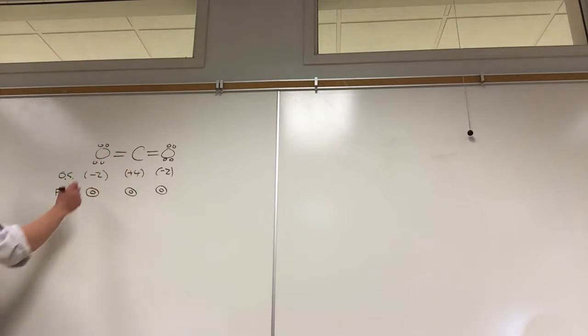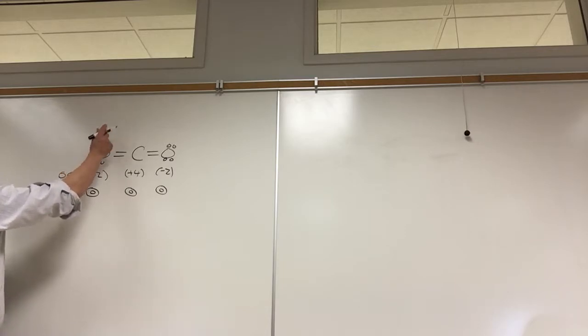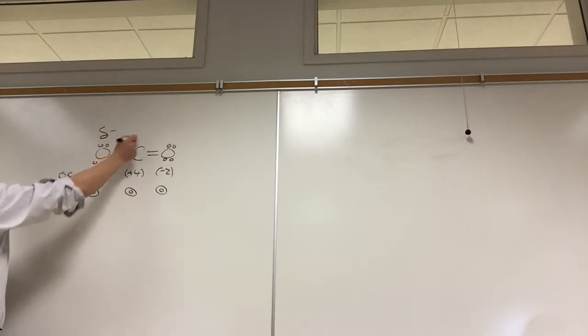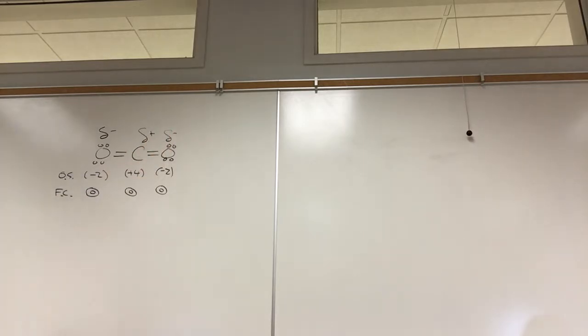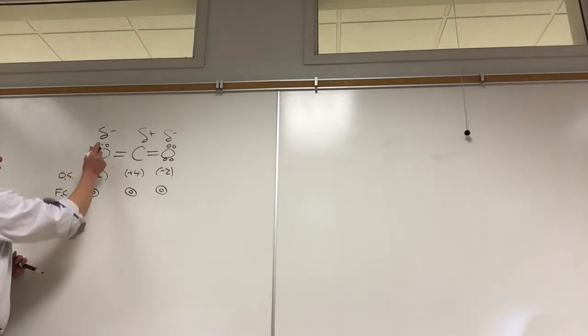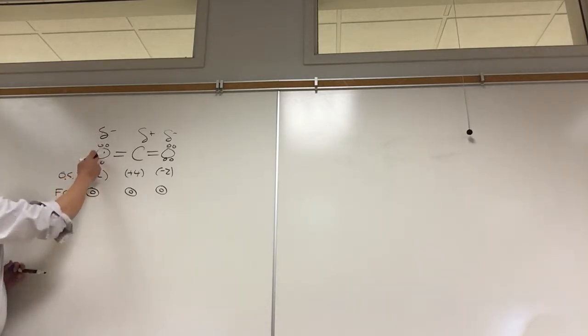And so in that case, we end up with this, which is fairly closer to reality. It's some partial negative charge, partial positive charge, and partial negative charge. Those partial charges we can determine from quantum mechanics. So here, this is negative charge density with a lone pair.